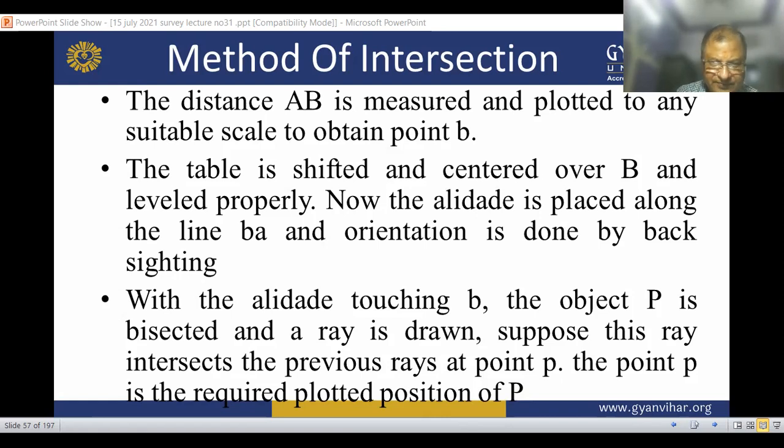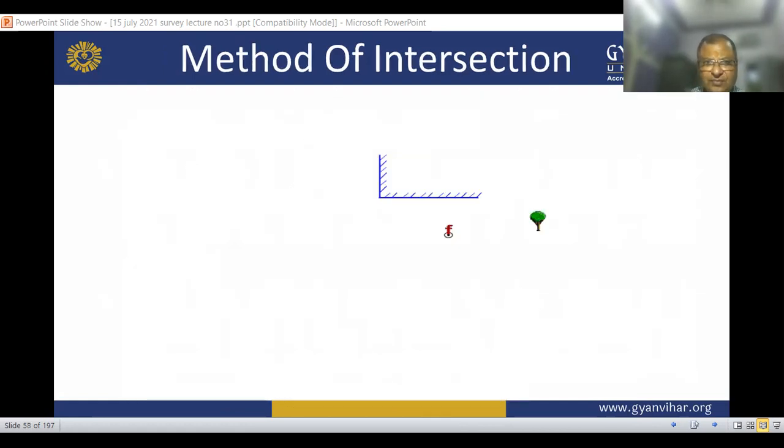With the alidade touching point b, the object P is bisected and a ray is drawn. This ray intersects the previous ray at point p, and the point p is the required plotted position of P. This is the method of intersection.